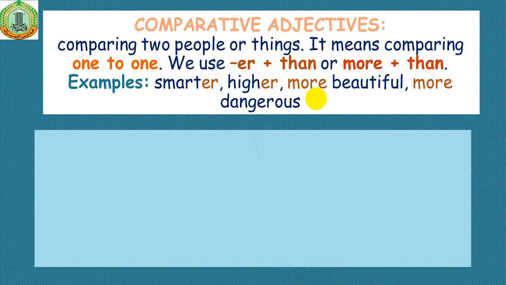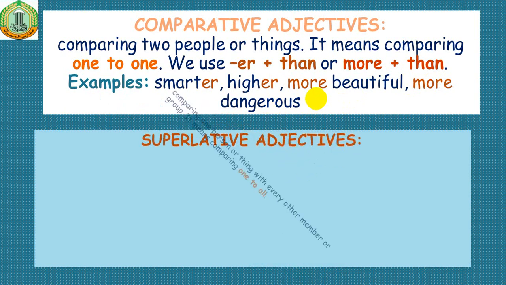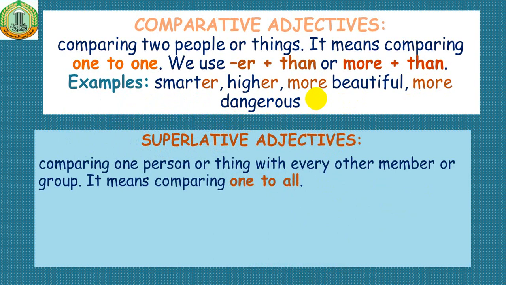On the other hand, superlative adjectives is comparing one person or thing with every other member or group. It means comparing one to all or one to many.